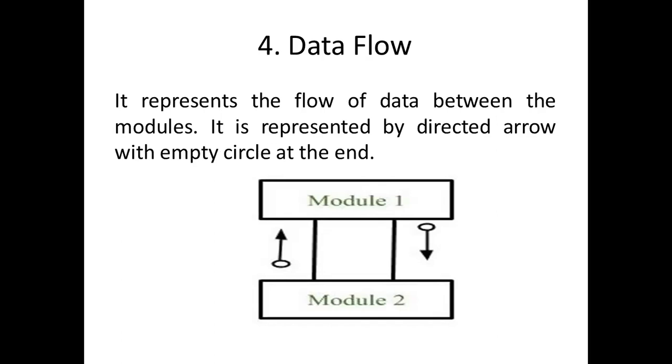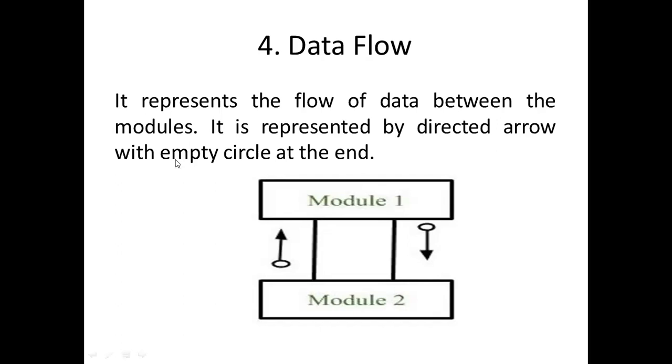In this case the data flow is from both sides, from module 1 to module 2 and also from module 2 to module 1. So there is an interchange of data. Now you can see how we are going to represent it with the help of special symbols.